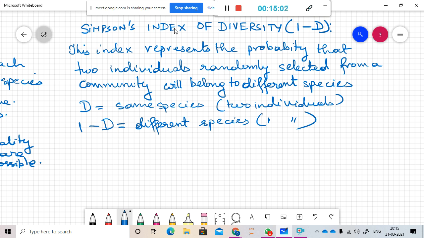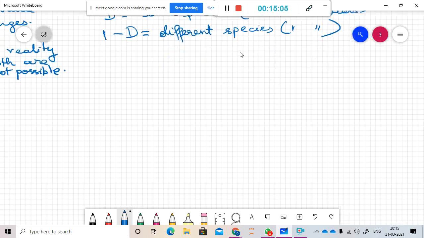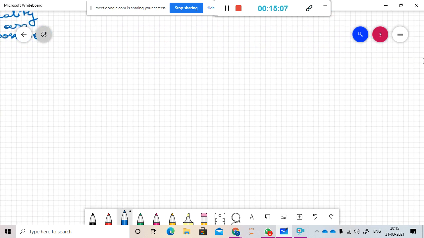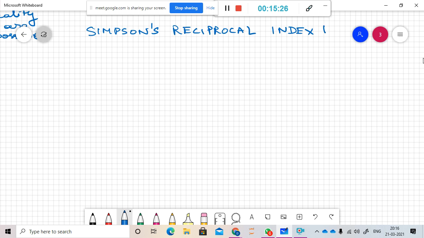Then you have another thing known as Simpsons Reciprocal Index, 1 by D. The value of this index starts with 1 as the lowest possible figure, because you are dividing it by 1.